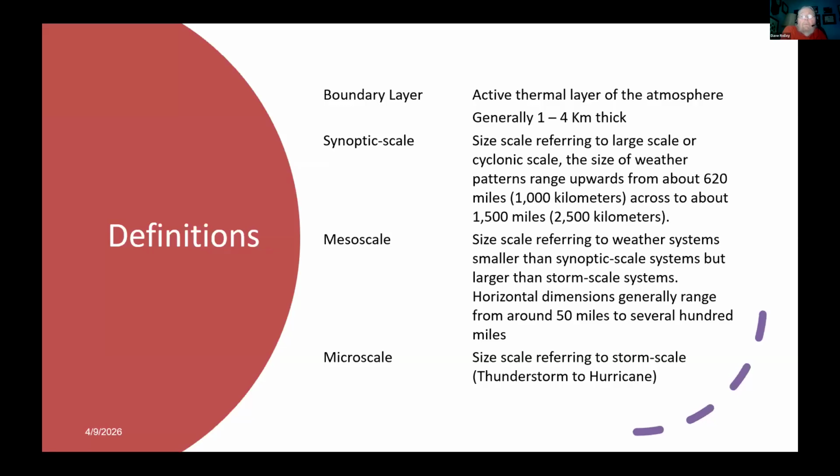The lower part is where temperatures are most strongly affected by daytime heating and nighttime radiational cooling. Winds are usually affected by friction, and the effects of this friction die out gradually with increased height. So the top of this layer, the top of any of these layers, is kind of wishy-washy. It's kind of soft. It's not a firm boundary.